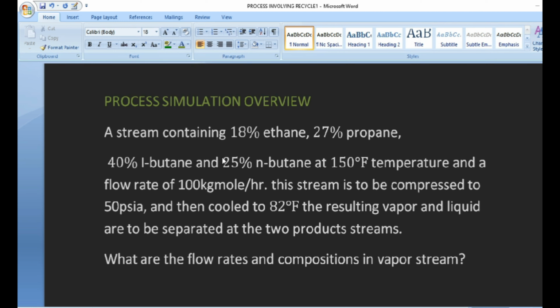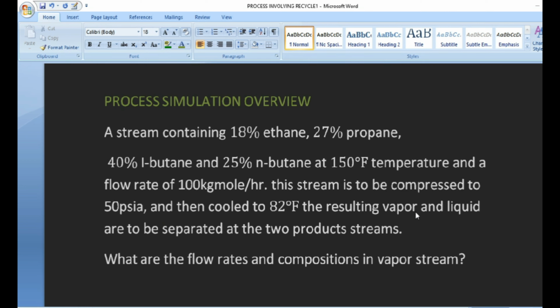A stream containing 18% ethane, 27% propane, 40% i-butane and 25% n-butane, at a temperature of 450 degrees Fahrenheit and a flow of 100 kg mole per hour. The stream is to be compressed to a pressure of 50 psi and then cooled to a temperature of 82 degrees Fahrenheit.